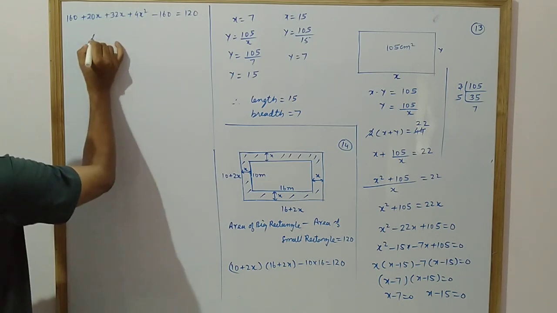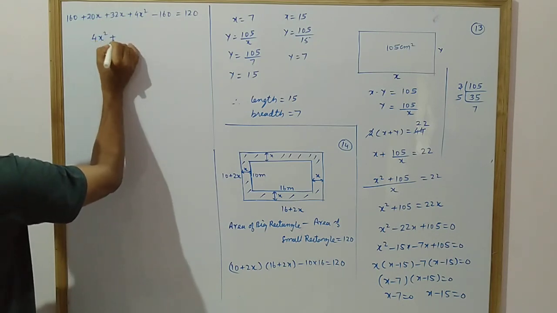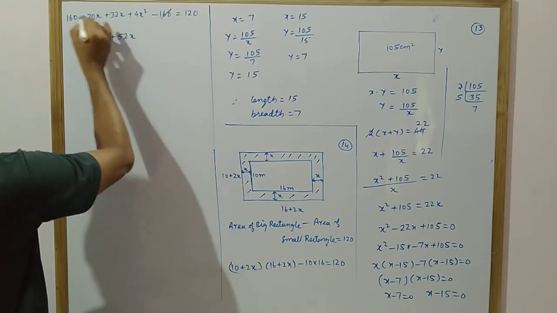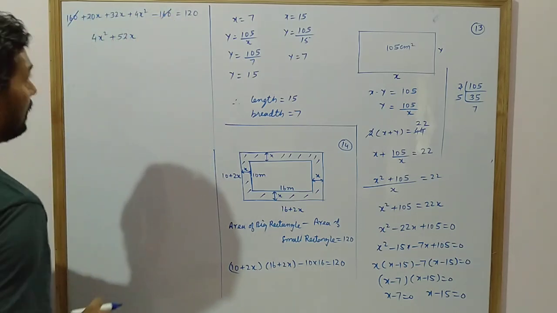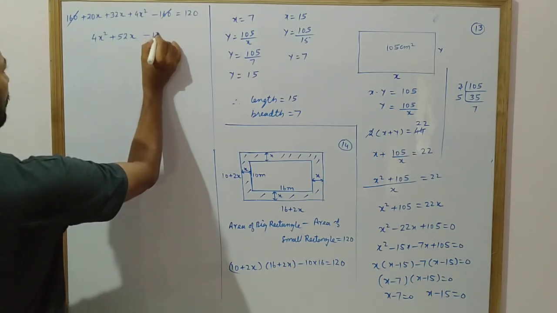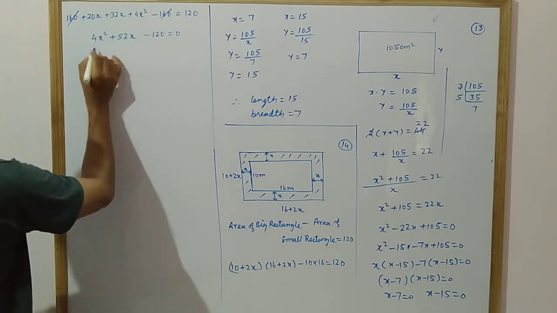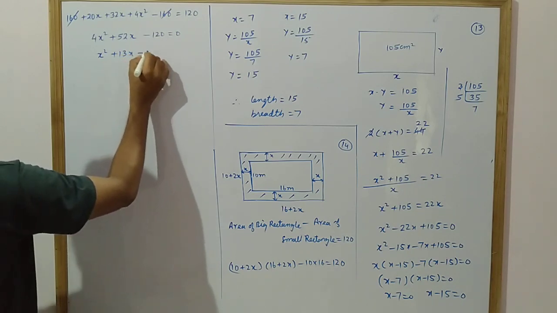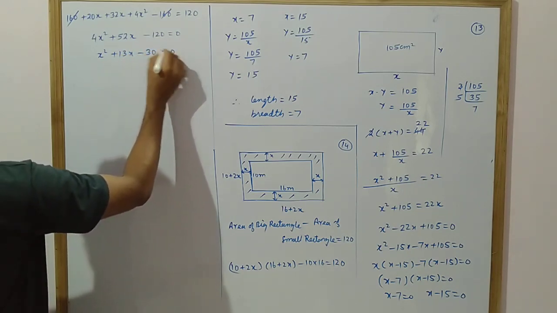So this is 4x² plus 52x. The 160s cancel out. Minus 120 equals 0. Divided by 4: x² plus 13x minus 30 equals 0.